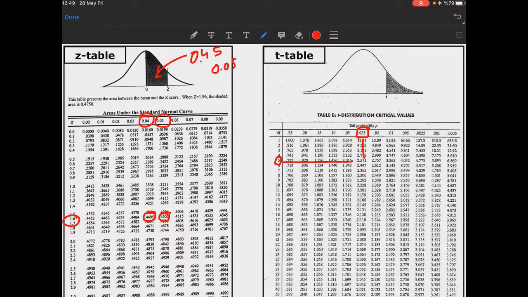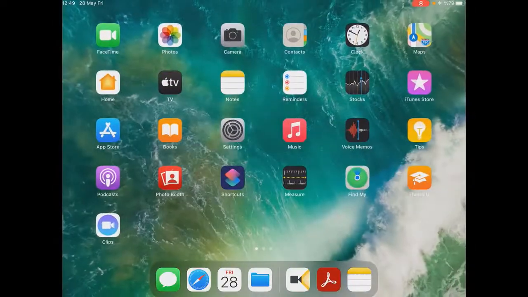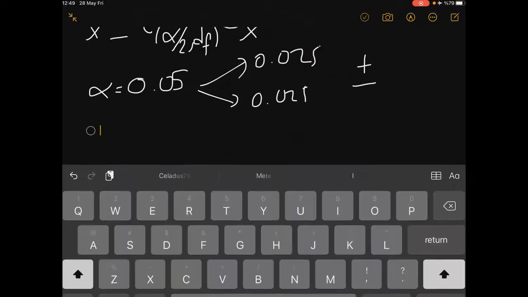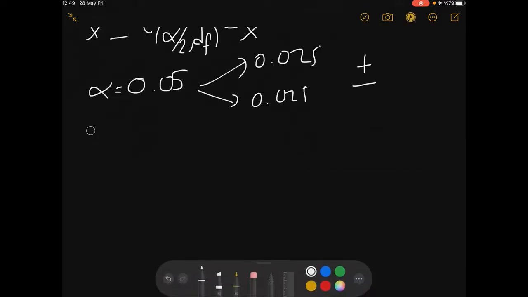You're trying to find the upper and lower limits of this increased hormone levels, right? So your critical value should be 2.571, plus and minus 2.571.